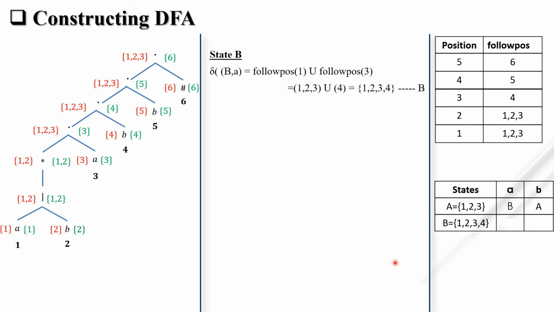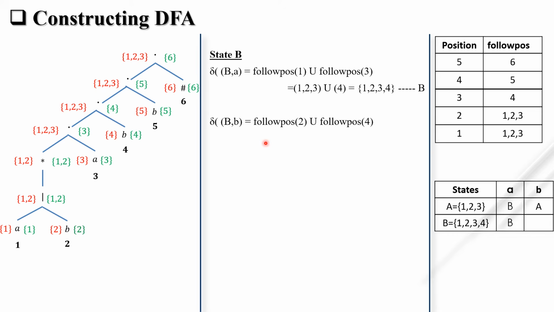No. At 3 there is B? Yes. So we have to union with the follow position of 3. At position 4 there is B? No. So we have to union the follow position of 1 and follow position of 3 with the help of this table. What is the follow position of 1? 1, 2, 3. What is the follow position of 3? 4. So what is the answer? 1, 2, 3, 4. It is the same as B. That's why we label this answer as B.